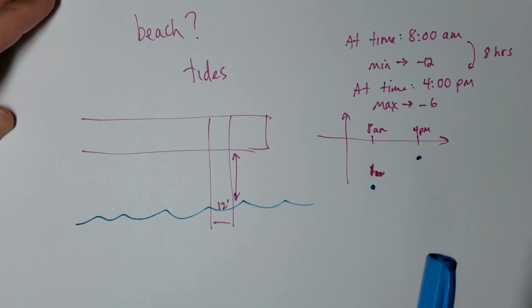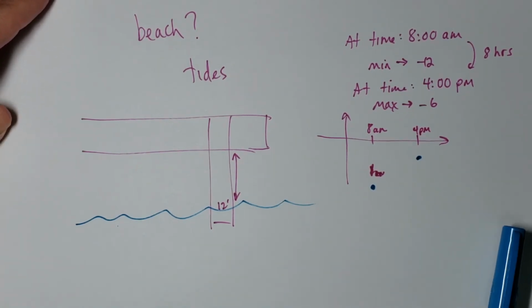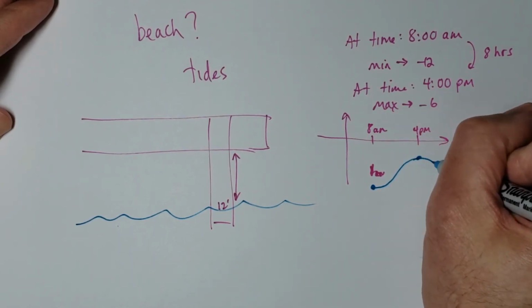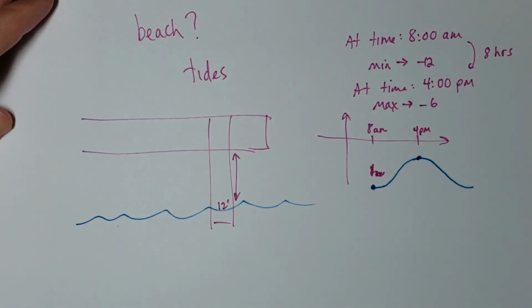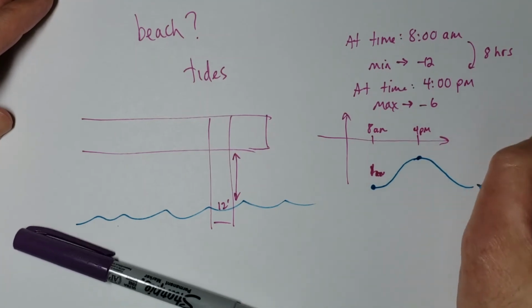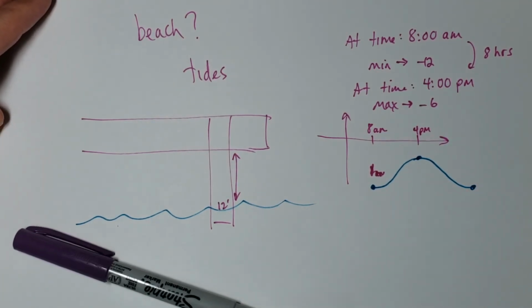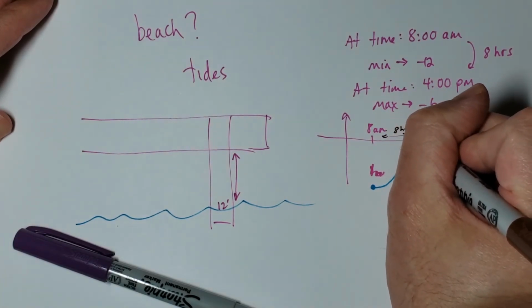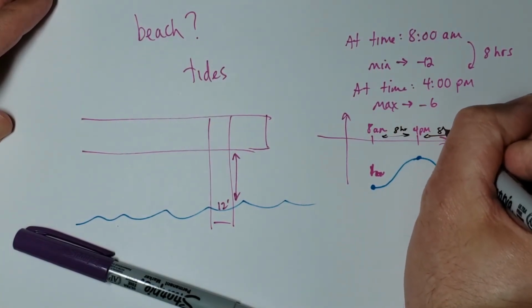But that's not a full cycle. That's only half a cycle going from its minimum to its maximum. And so we need to go back down to the minimum. And you might have seen it in the video, but we can figure it out from what information we have here. This is 8 hours, which means that this has to also be 8 hours.